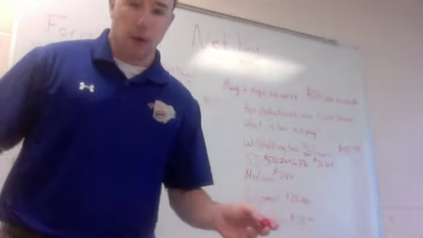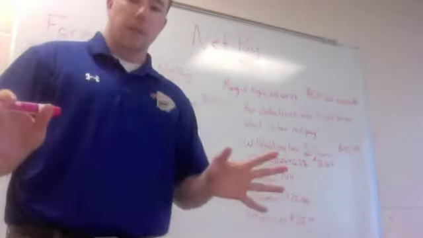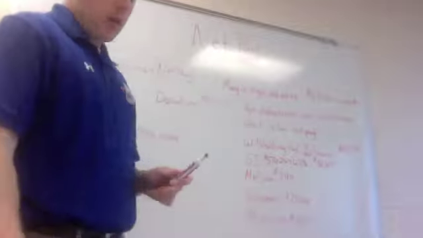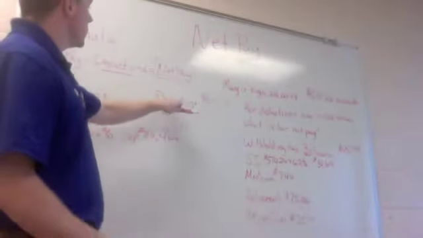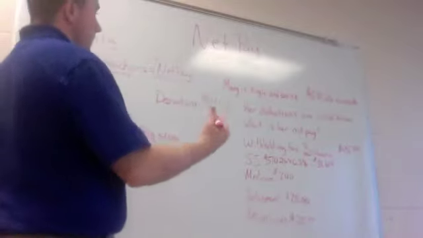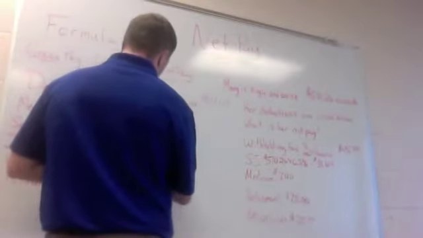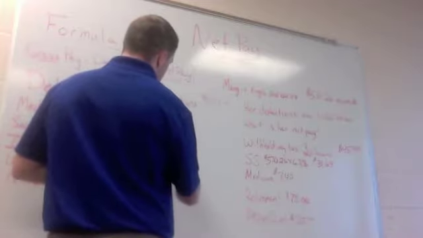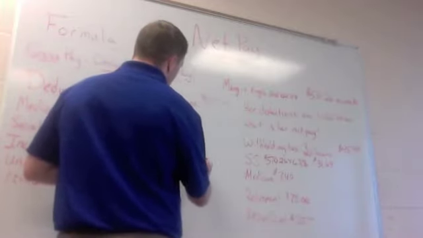Now, it's easy, right? It's really easy to find your net pay. We have our deductions, and we know our formula says gross pay minus deductions gives us net pay. So we have $510.26, which is our gross, minus $184.04.